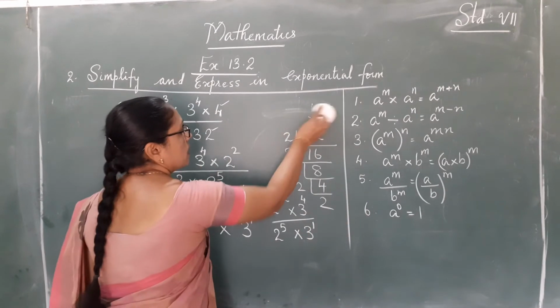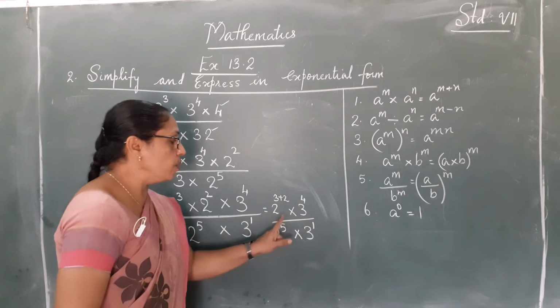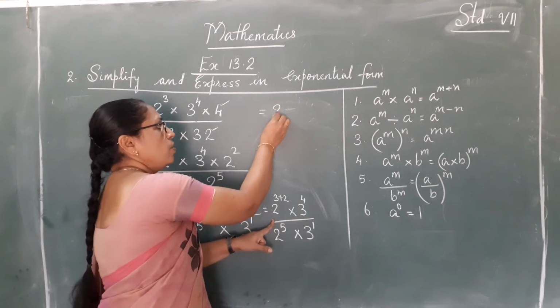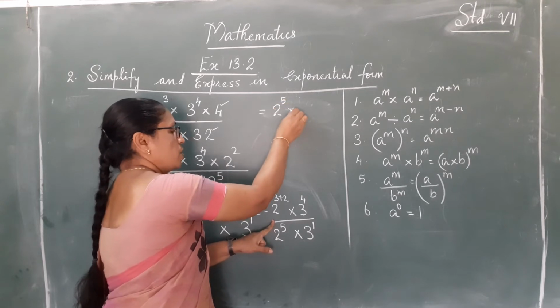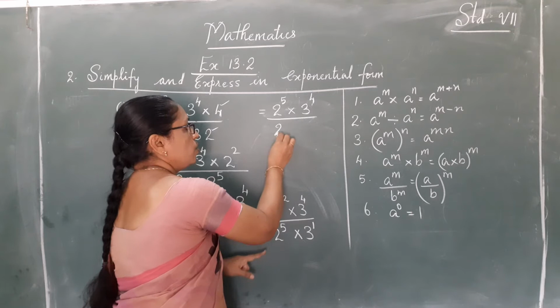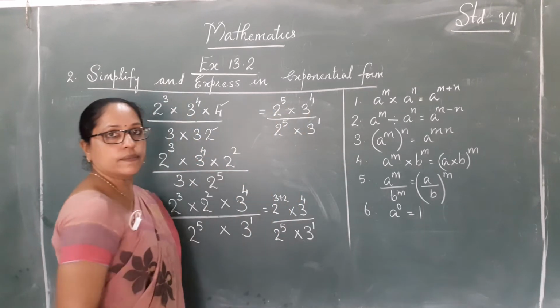Now again look at the numerator and denominator. We get 2 raised to 5 into 3 raised to 4 by 2 raised to 5 into 3 raised to 1.